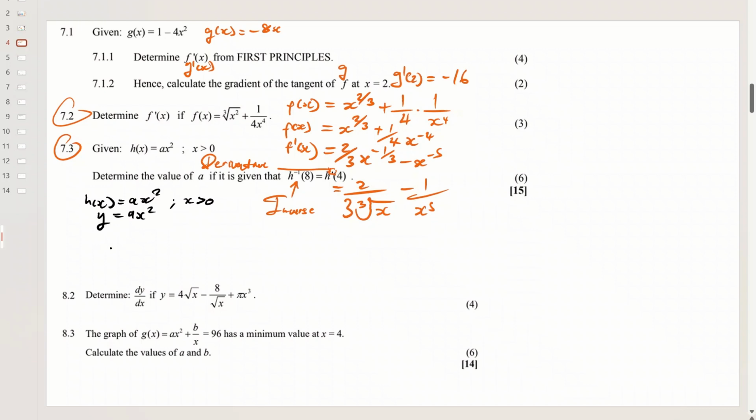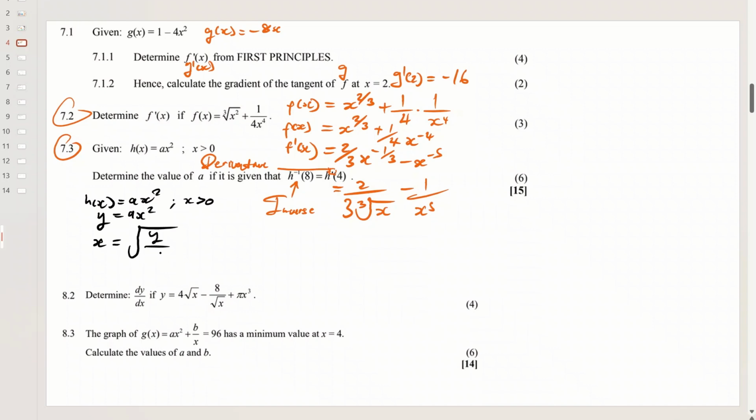Before we take the inverse, let's just delete this part here. To make x the subject of the formula, it means now x is the square root of y all over a. Again, you divide by a, so you'll have y over a, and then square root both sides. You'll have plus or minus square root of y over a. But they say that x is to be greater than 0, so meaning that here you'll just have a positive radical sign there.